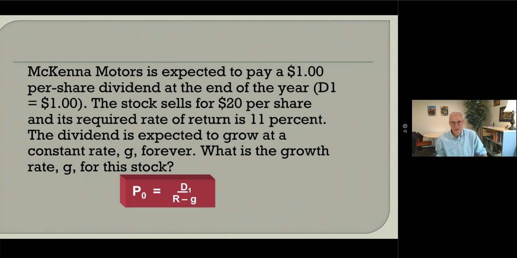Okay, once again, another practice problem right there on your sheet, McKenna Motors. So put me on pause. Now this one, once again, we haven't done one exactly like that. We're solving for G. So really, this is an algebra question. You're given all of these variables with the exception of G. Can you get G by itself?